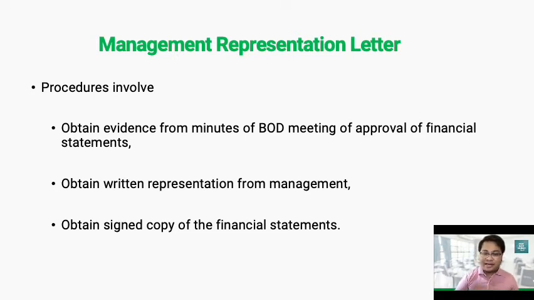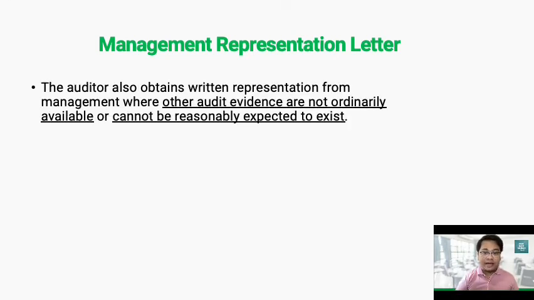In fact, in reality, we do not issue our audit report without obtaining the management representation letter. That is why the date of the management representation letter would coincide with the date of the auditor's report. Upon provision of the auditor's report, we should also obtain from the management their management representation letter.